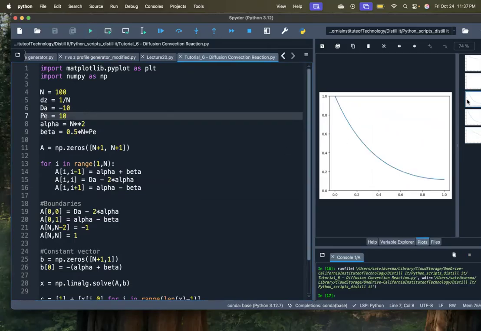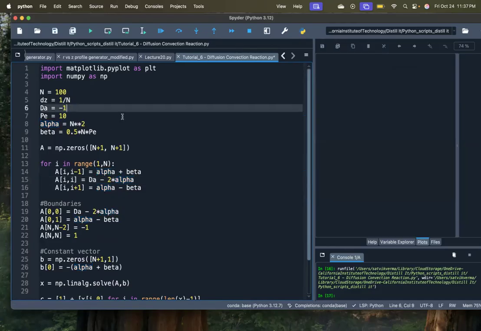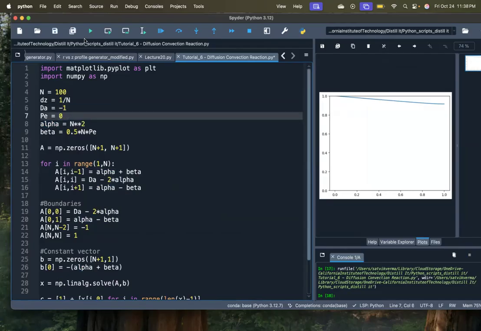So now you could play around with this and see how the different parameters, the two main parameters, Damköhler number and Péclet number, actually change the concentration profile throughout the pellet, right? So that is the catalyst pore. So that is basically how you can go ahead and visualize these things. Let's say that it's only diffusion, so this is how it's going to take place, right?